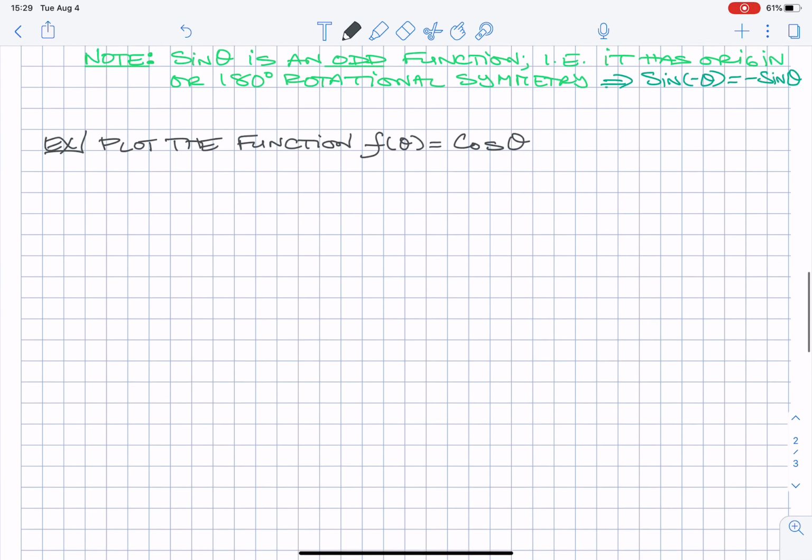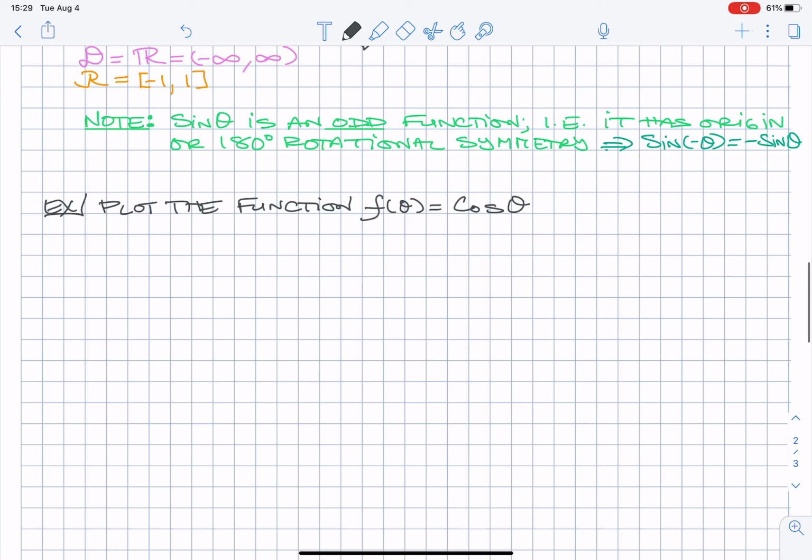Okay, so let's go ahead. Theta versus f of theta coordinate axes. So theta is the horizontal axis. F of theta will be the vertical axis, and I will do 1, 2, 3, 4 quadrants to the right, 1, 2, 3, 4 quadrants to the left.